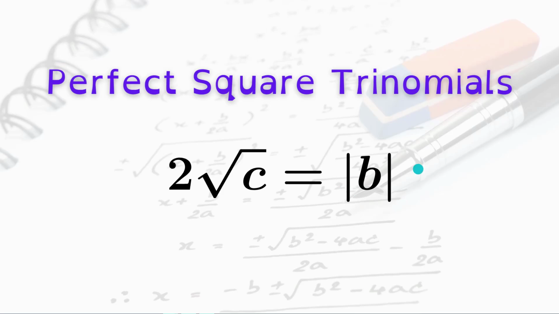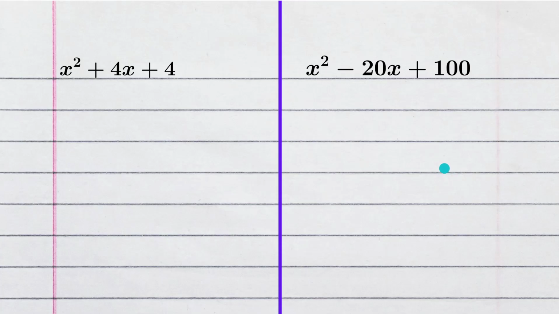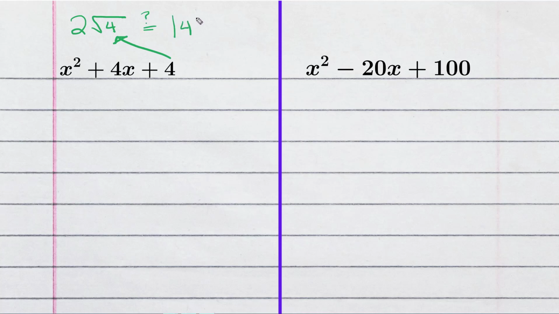And so let's practice with a couple of these. So we want to do 2 times the square root of our 4 from here. Does that equal the absolute value of the 4 from there? Well, square root of 4 is 2.